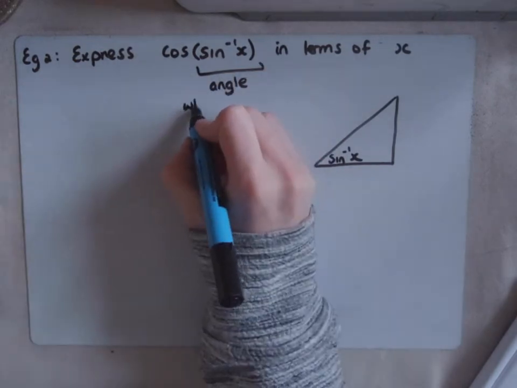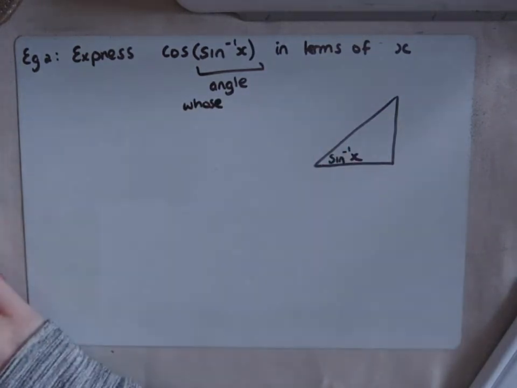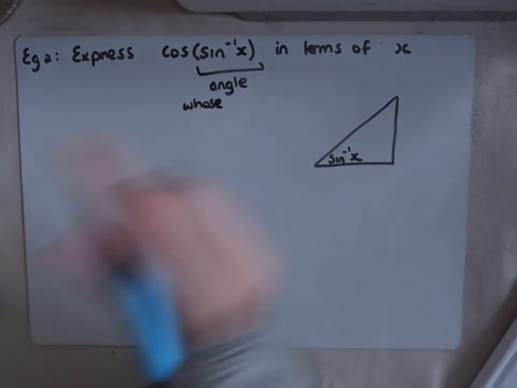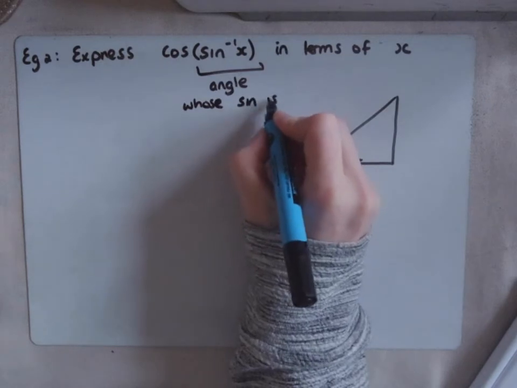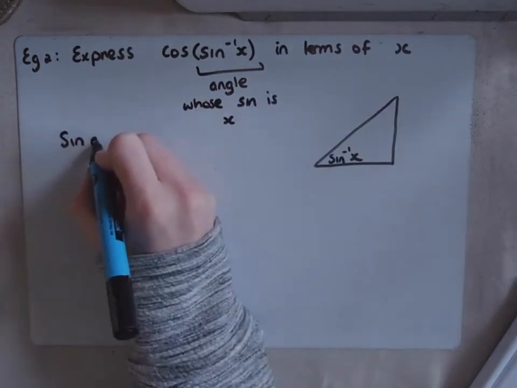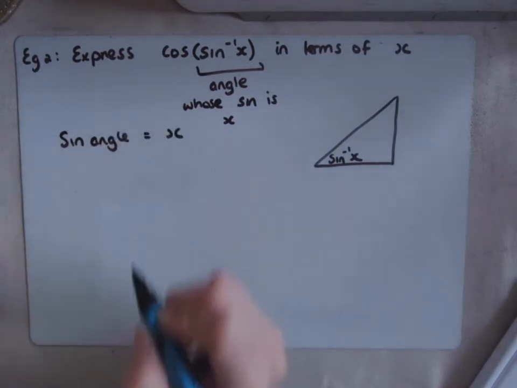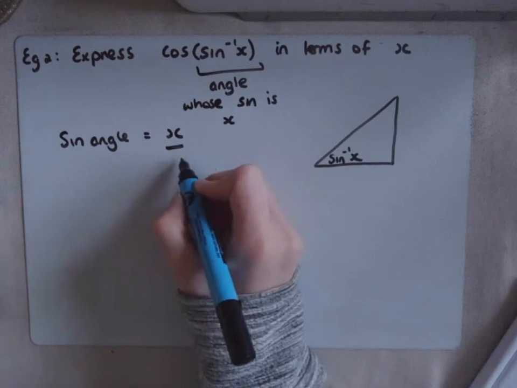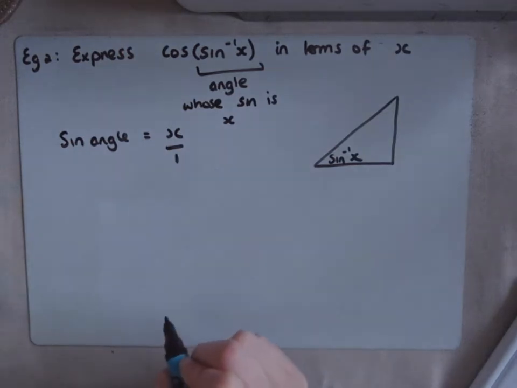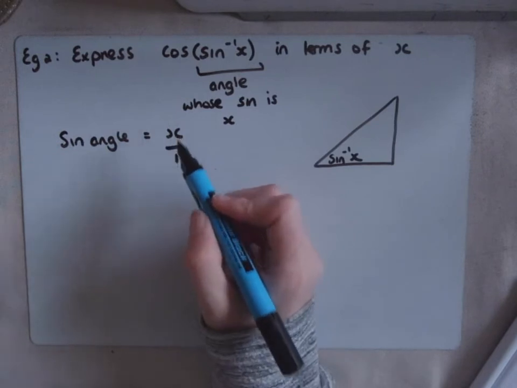So an angle whose, is it whose? Yeah, whose sine is x. So sine of the angle is x. We know sine is a ratio, needs to be a fraction, opposite over hypotenuse, so it's x over 1.